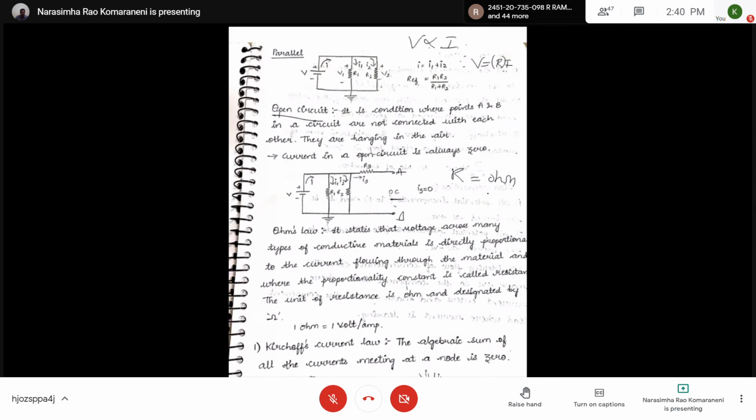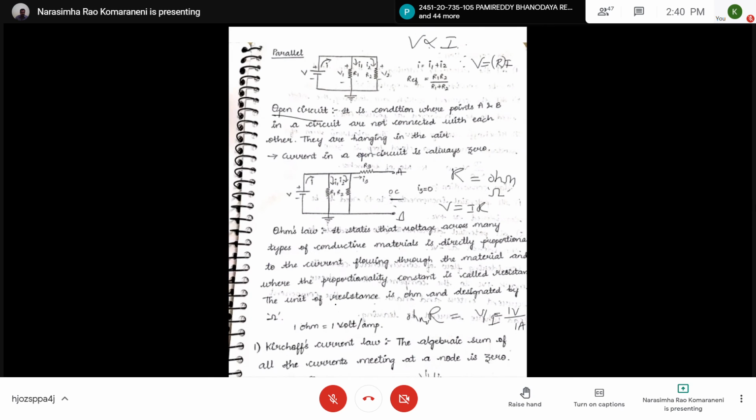Symbolically we write it as ohm. V equal to IR, therefore R equal to V by I. It means 1 ohm is equal to 1 volt per 1 ampere.